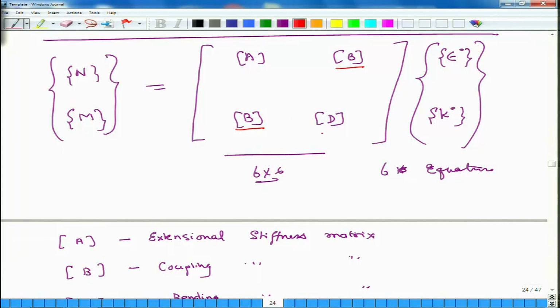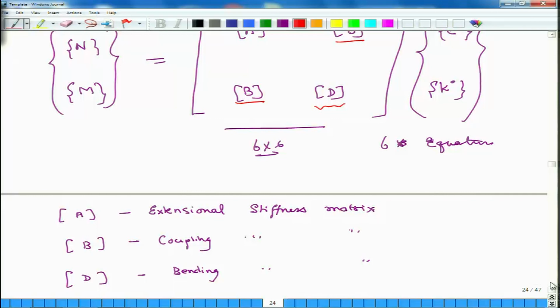And similarly the D matrix influences how much the system bends. If the D matrix values are extremely large, then the bending will be very small and vice versa. So, that is why it is the bending stiffness matrix.